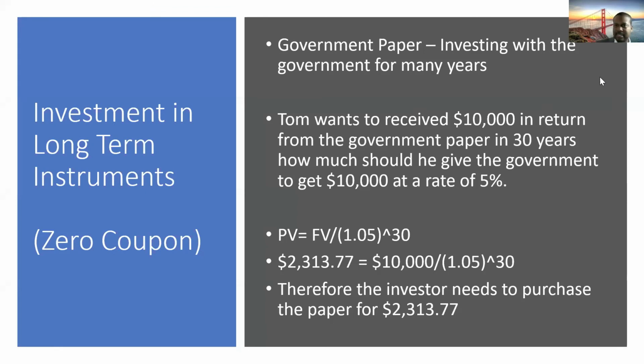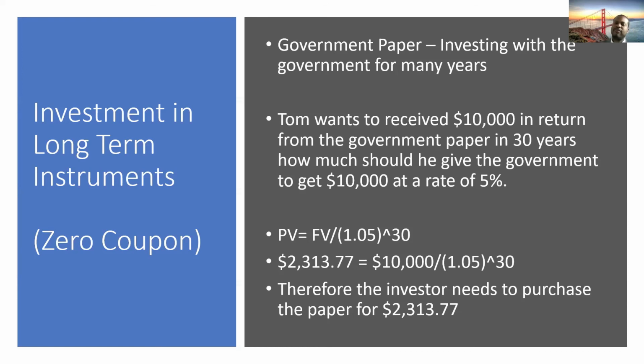If we're investing in these instruments, we're investing with the government for many years, a set figure, and then we want to get a return over a long period of time. So let's say we have this example. Tom wants to receive 10,000 in return from the government in 30 years. How much should he give the government to get 10,000 at a rate of 5%?